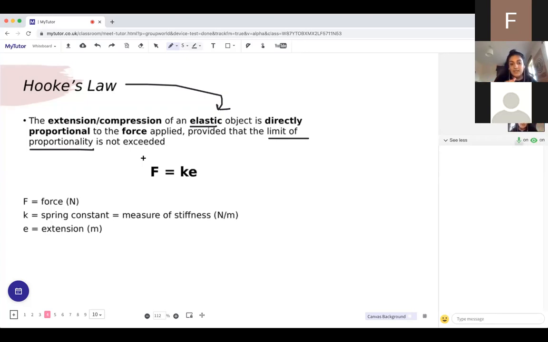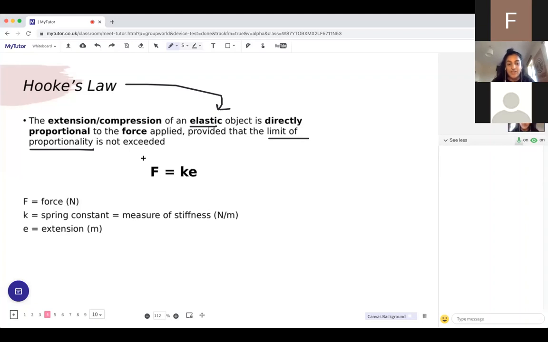It applies up to a certain point, but at that point, when we apply a force, it's no longer going to go back to its original shape. So the limit of proportionality is this upper limit where Hooke's law no longer applies. Force is no longer directly proportional to extension.